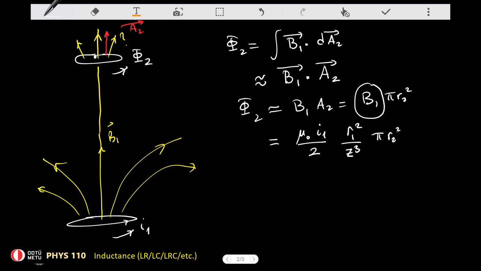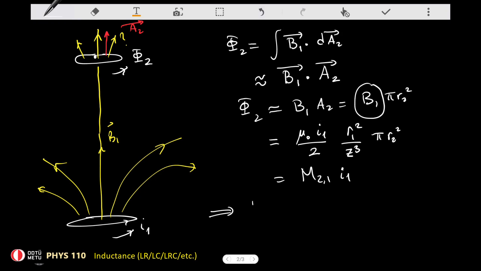It is strange that I get r1 squared from the magnetic field expression, and I get r2 squared from the area expression. That's actually very important. So therefore this is M21 multiplied with I1. So it's I1 multiplied with some number.